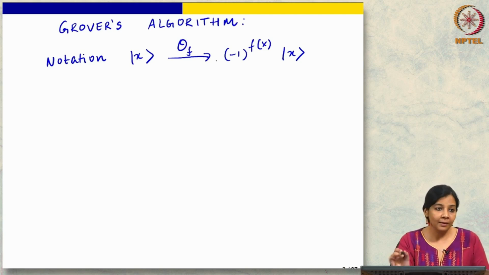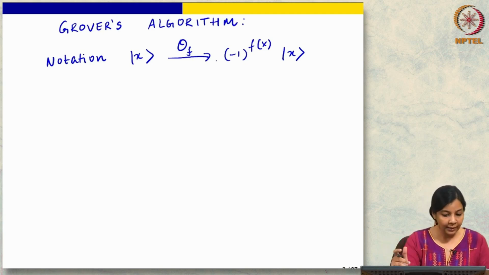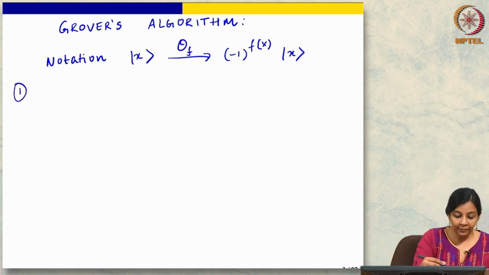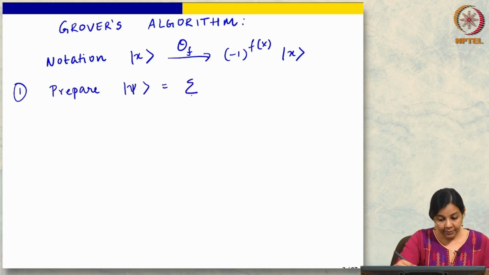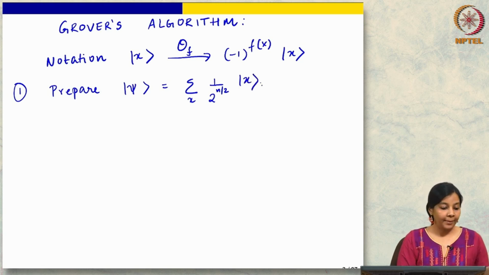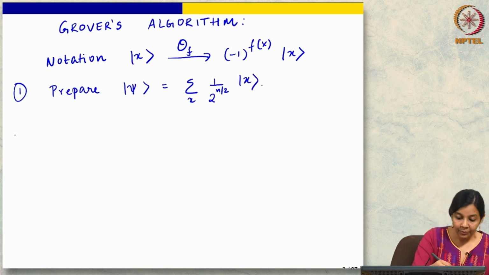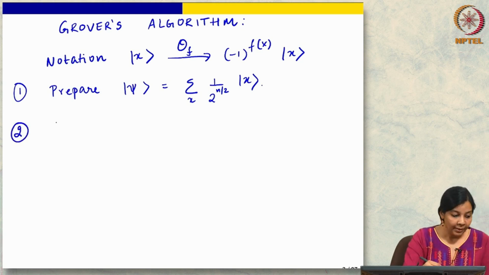We have seen this in great detail in the past, so let's not go into that any further. We will just apply this in an abstract way. Now the first thing that we want to do is prepare our uniform superposition over all inputs. That is what we often do. So prepare psi, which is the summation over x of 1 over 2 to the n over 2 times x. No surprises there.